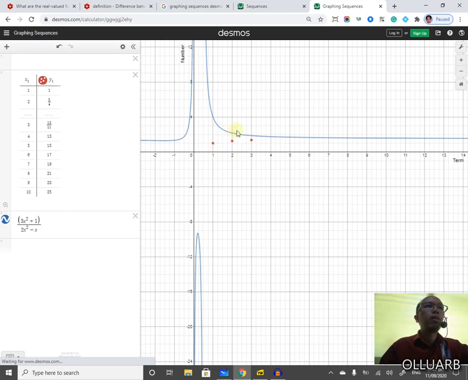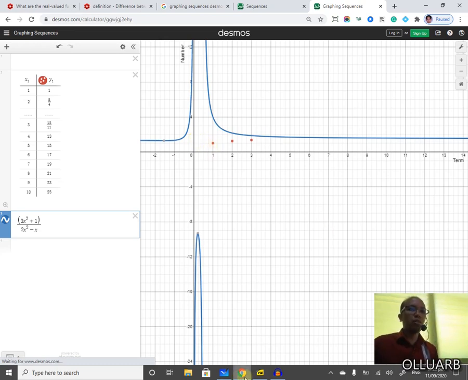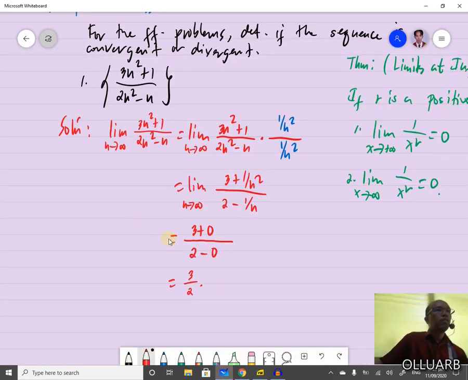There must be a dot here, and so on and so forth. So it approaches 3 halves, or 1 and 1 half. So it verifies our result. This is correct for number 1.